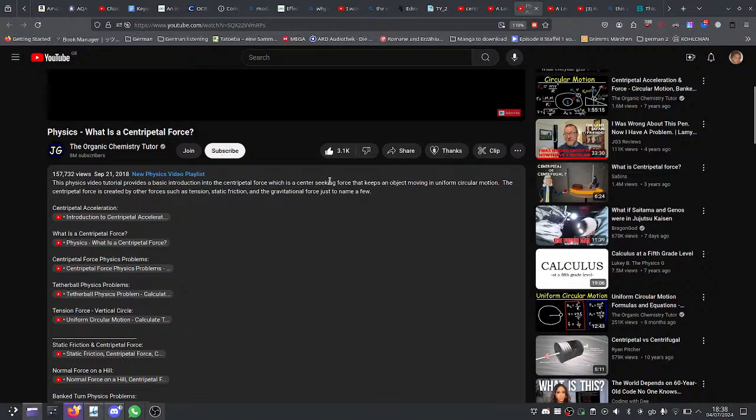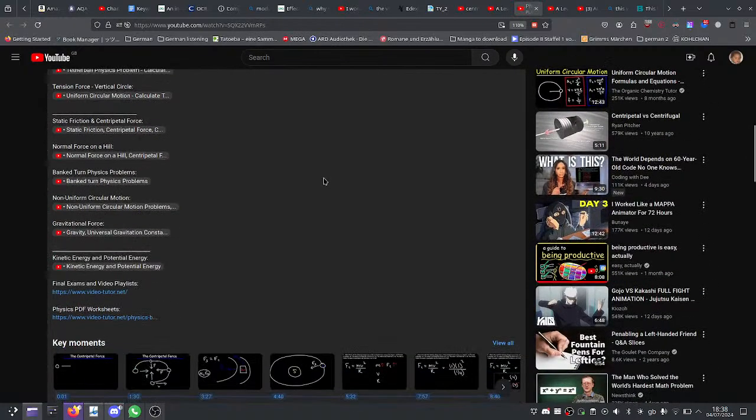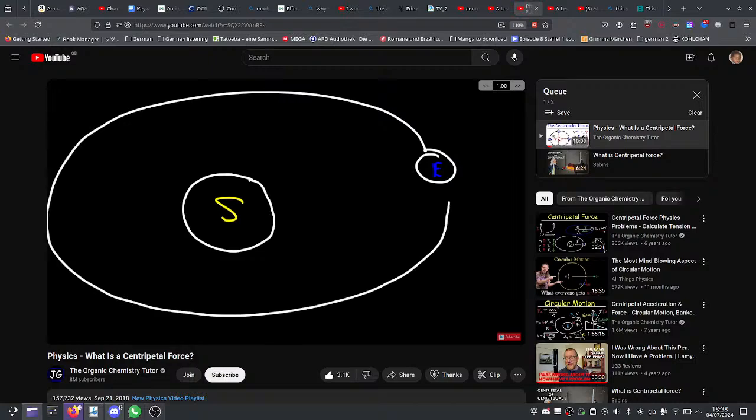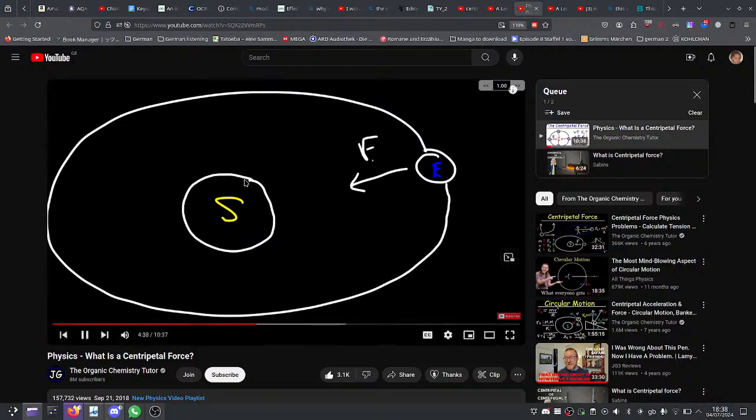Now let's say this is the sun, and here we have the earth, and the earth is orbiting the sun. So the earth is moving in a nearly circular path around the sun, which means there's a force acting as a centripetal force to keep the earth moving with uniform circular motion.